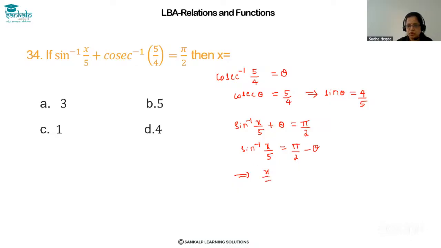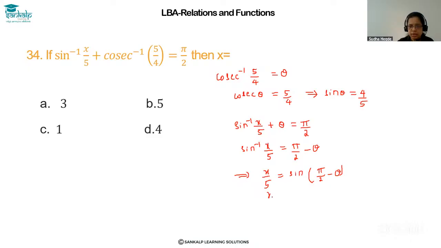X by 5 is equal to sin of pi by 2 minus theta. Is that correct? Sine of pi by 2 minus theta.